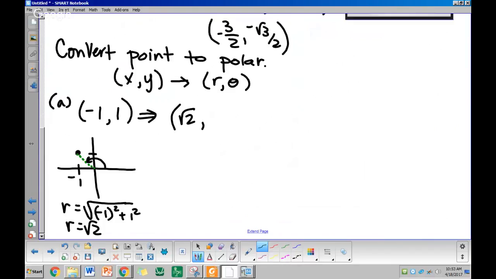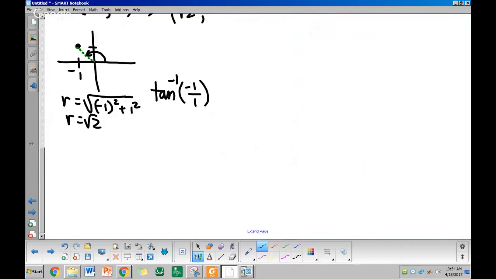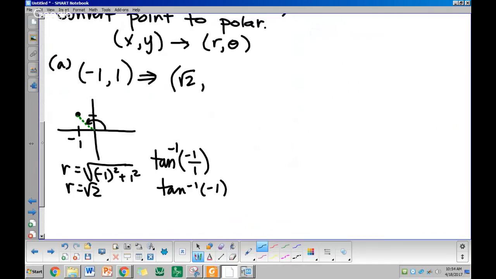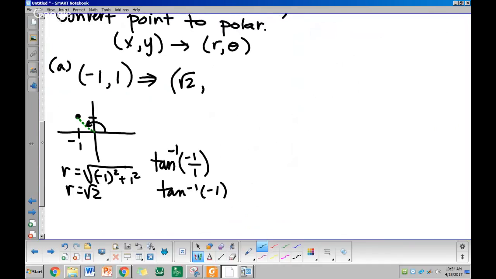You go inverse tangent of y over x, which would be -1/1. What quadrant are we in? Quadrant 2. So the inverse tangent of -1 should be 135 degrees, isn't it? Would it be 3 pi over 4? 180 minus 45. 3 pi over 4.